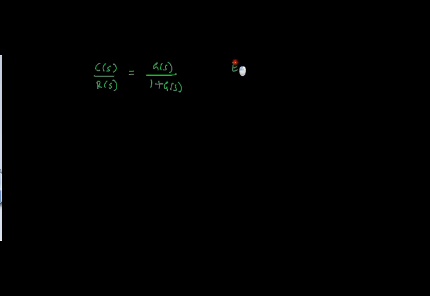And we have E(s) equal to R(s) minus C(s). So you can substitute C(s) here, which is R(s) into G(s) upon 1 plus G(s).